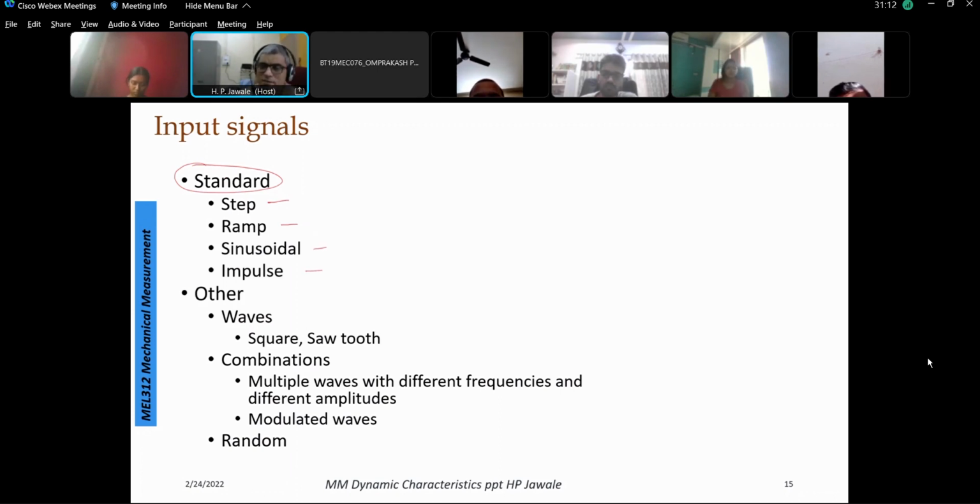Other than the standard, there are those in the wave pattern. It can be square or sawtooth wave, and then it can be a combination of the standard as well as the waveform. So multiple waves with different frequencies and different amplitudes can be designed and given to the measurement system, and the dynamic behavior can be calibrated or found out.